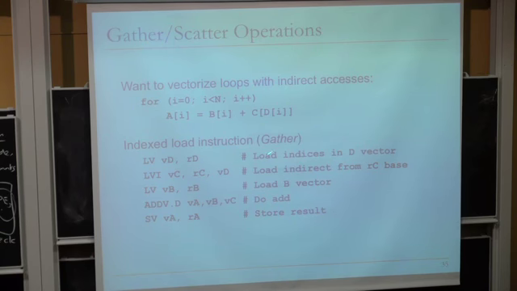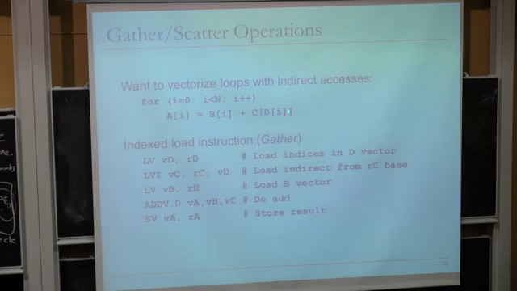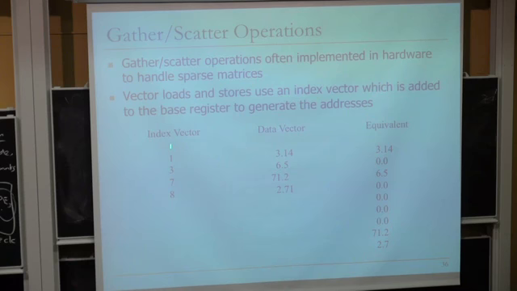This is really a gather, and we will see how that operates right now. Basically, these are implemented in hardware. You essentially have an index vector, which is added to the base register to generate the addresses. So you can think of this as your D array. This is your index vector.